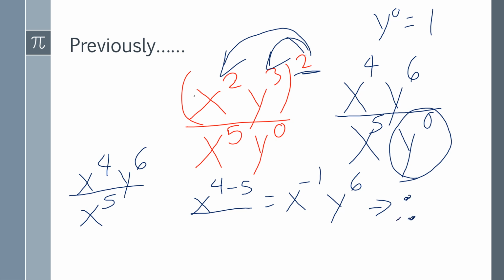And I put this dot to let you know, okay, I'm done. y to the 6 because it's positive, and x to the 1, because I took this negative exponent and put it in the denominator, which makes it a positive. And we know that anything that is to the first power, you don't need the 1. You could keep it, or you could get rid of it, because it's understood to be 1. Alright?